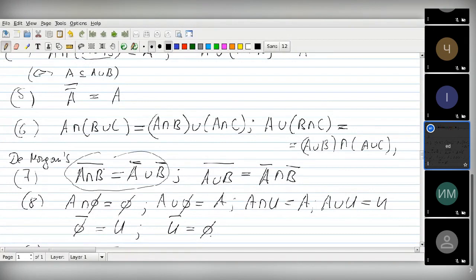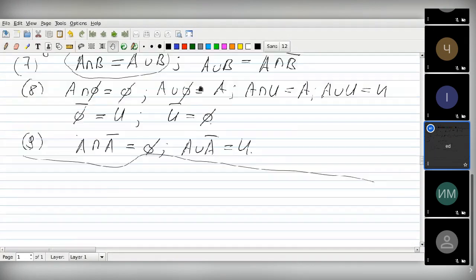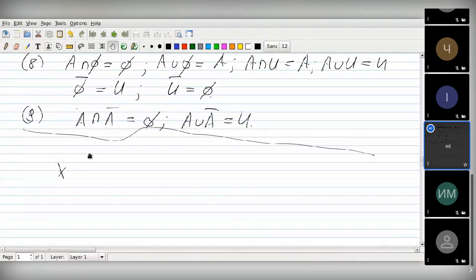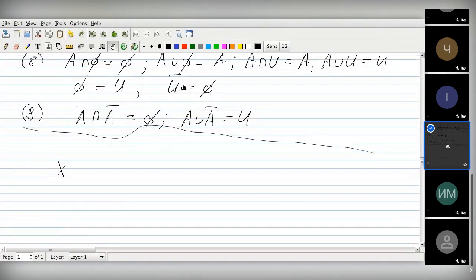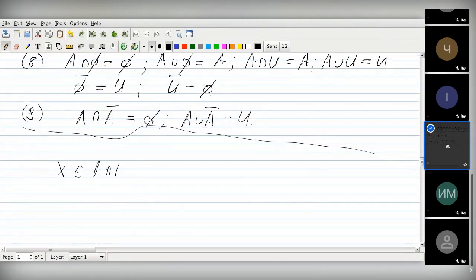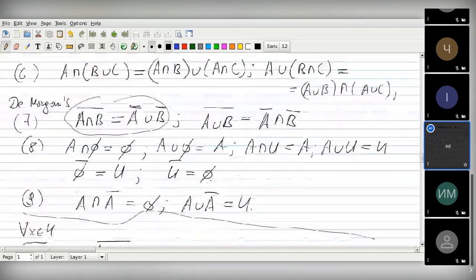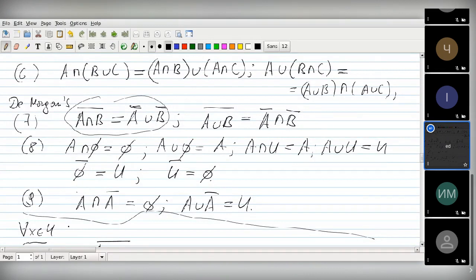For example, let's prove the first De Morgan's law. I want to prove that every element of this set is an element of this one and vice versa. So this proof won't give us any new information, but just express the properties of logical connectives in set theoretic language. So assume that X is an element of our universe.